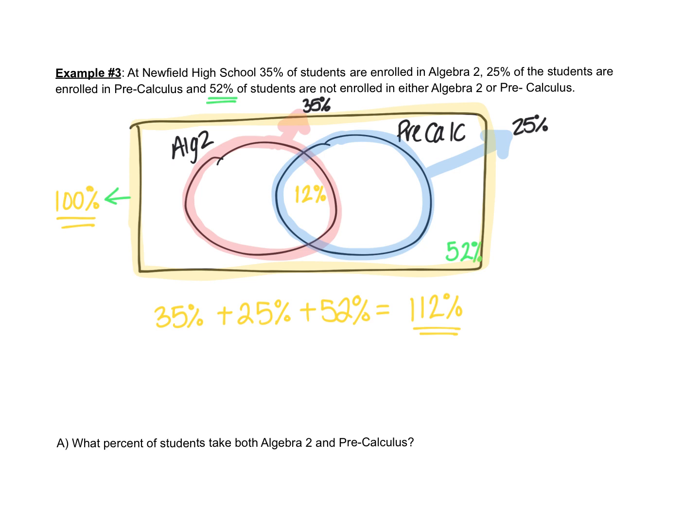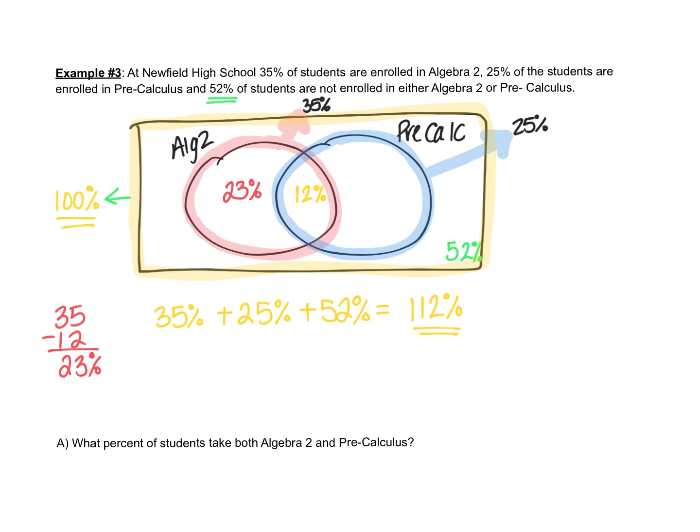So then all we need to do to find this area, if this entire circle has to add up to 35 and 12% is already there, all you have to do is take 12% from 35. And that gives me 23%, which means Algebra 2 only students would be 23.